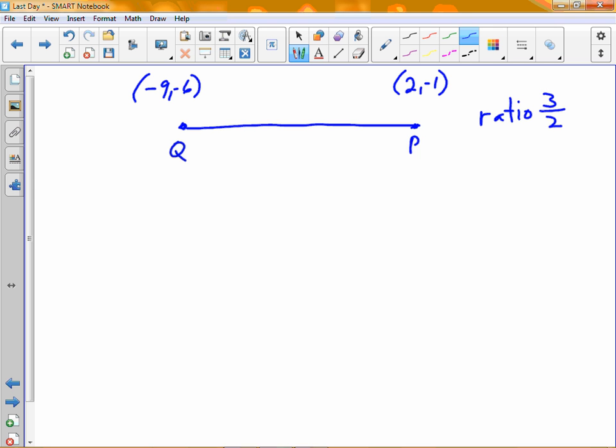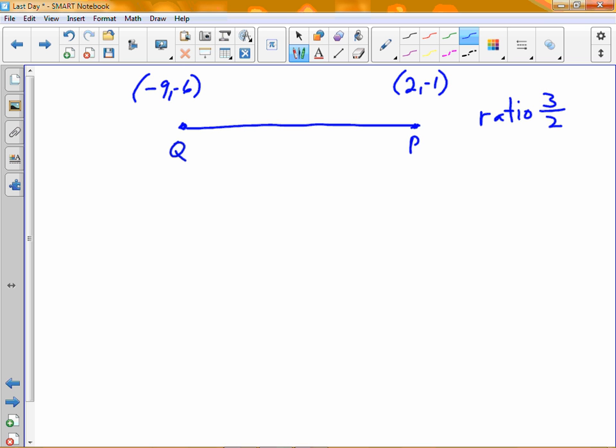If I'm going to partition this in a 3-by-2 ratio, that means there are going to be 5 parts to this segment. Somewhere in here, I have to figure out where there's this magical point that breaks this into 3 equal segments over here and 2 equal segments to the right of that.